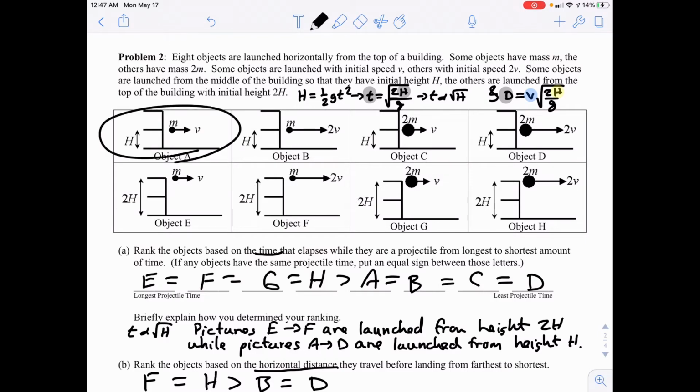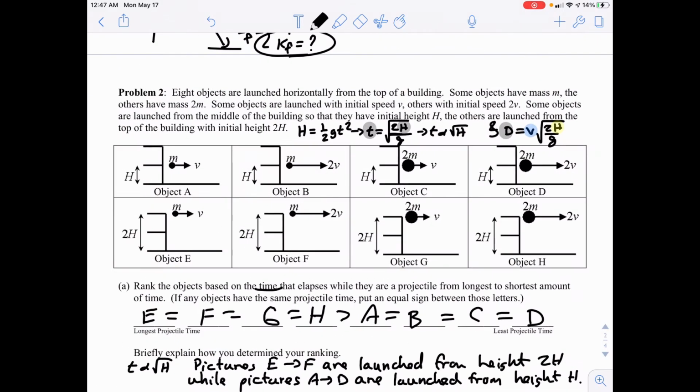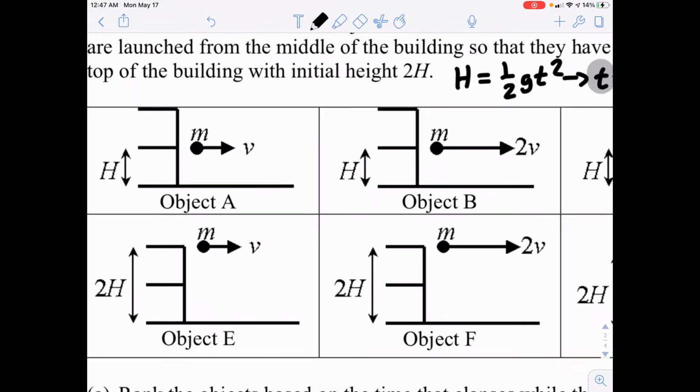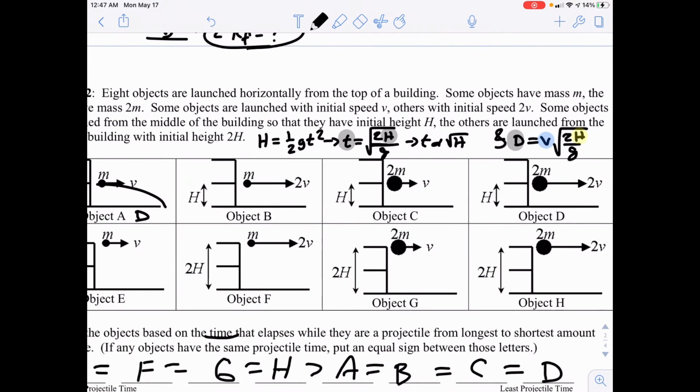In object A, you're going with speed V and height H, so you're just going to fall distance D. That's just going to be distance D. But this one is falling from height H, but speed 2V. So you're going to be going 2D.